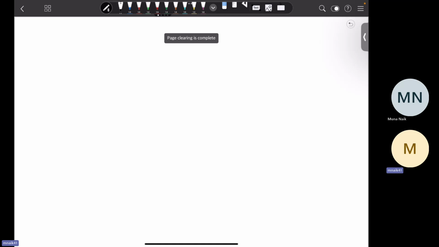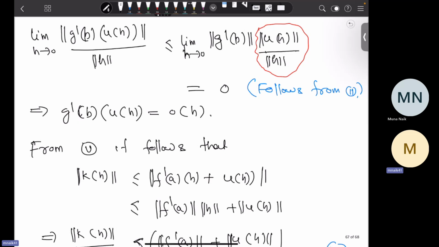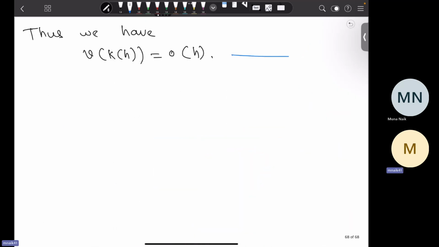Thus we have B of k(h) is equal to little o of h. Okay, so now I am calling this as capital A, calling this as capital B.